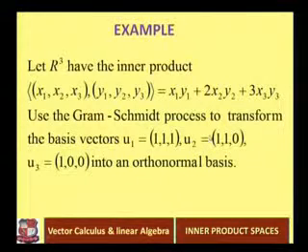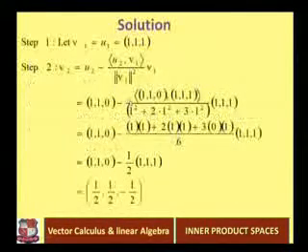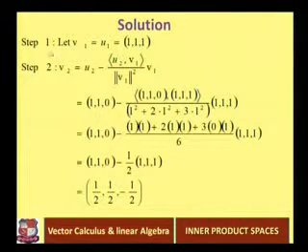Here notice one thing: we have to use this function as the inner product of any two vectors or basis. For the solution, we take v1 equal to u1, that is (1, 1, 1), so we get the first orthogonal basis vector v1.